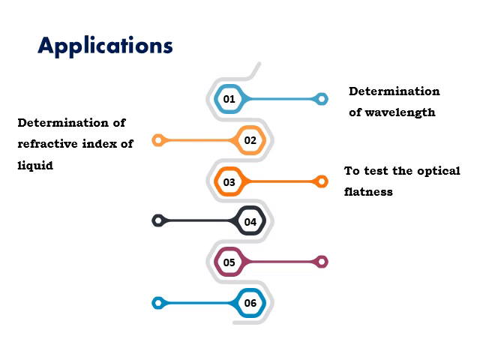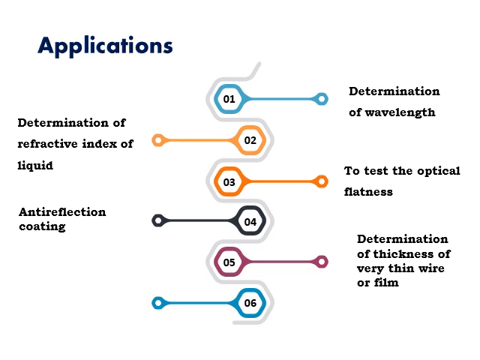We can have the test of optical flatness, then anti-reflecting coating having the same principle as the experiment. Then determination of the thickness of a wire is possible through this experiment, and determination of the radius of curvature of a lens. We will see all these applications one by one.